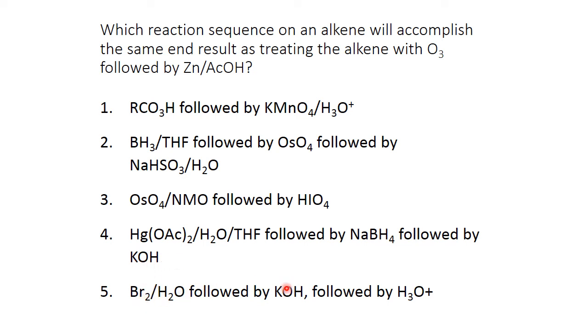Bromine and water followed by potassium hydroxide and then followed by acid, wow, the best that you could get from that would be a diol, because the potassium hydroxide could remove hydrobromic acid from this compound, but it's kind of a crazy way to go about things. And it would not give you oxidative cleavage, which is what ozonolysis does. So the only answer to this problem is number 3.